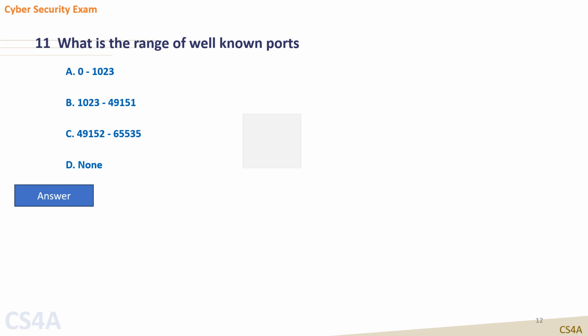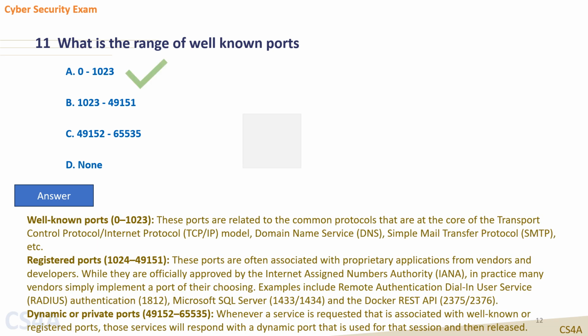So as per the definition of IP ports specification, option A is the correct one, 0 to 1023. These are the ports assigned for well-known. So here you can see the ports for well-known ports, registered ports, and dynamic and private ports. Please make note of this.